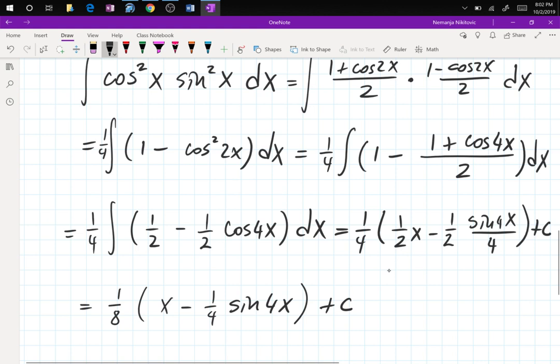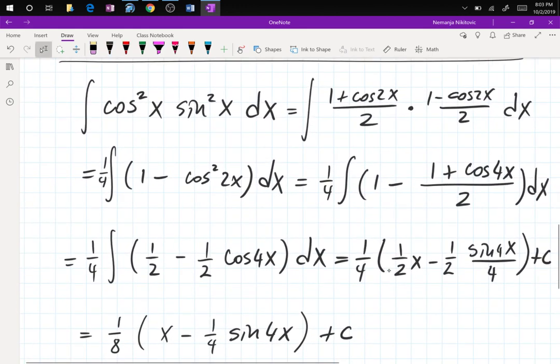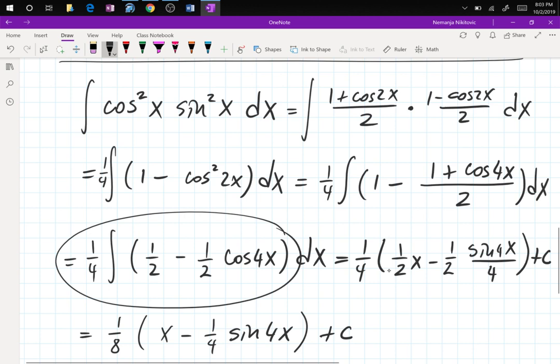Yes? Mine did a little bit differently. What do you mean differently? When you got to the 1/2 minus 1/2 cosine 4x?